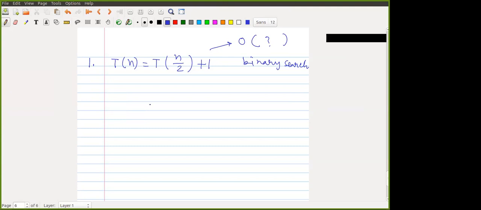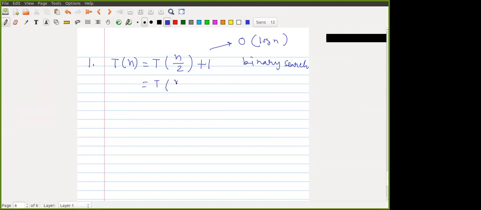It turns out that there are several ways to prove this. This will actually be order log n, which we'll see right now. One normal way is opening up T of n by 2. So T of n by 2 would be T of n by 4 plus another 1, plus 1, right?